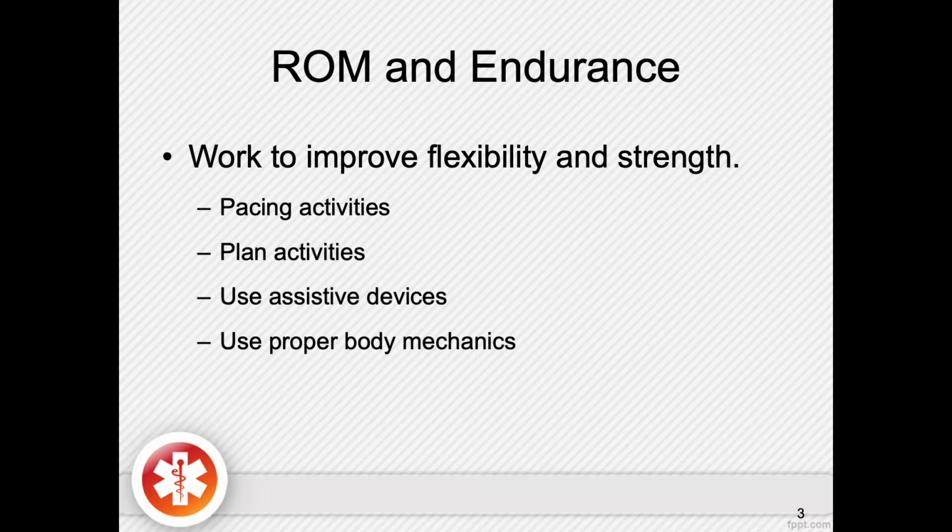Some of the strategies include pacing activities, that is, doing some activities, allowing some rest, doing some activities, planning those activities in advance, using assistive devices whenever possible, including but not limited to braces, crutches, and devices to extend the use of a specific body part, and teaching and maintaining the use of proper body mechanics.